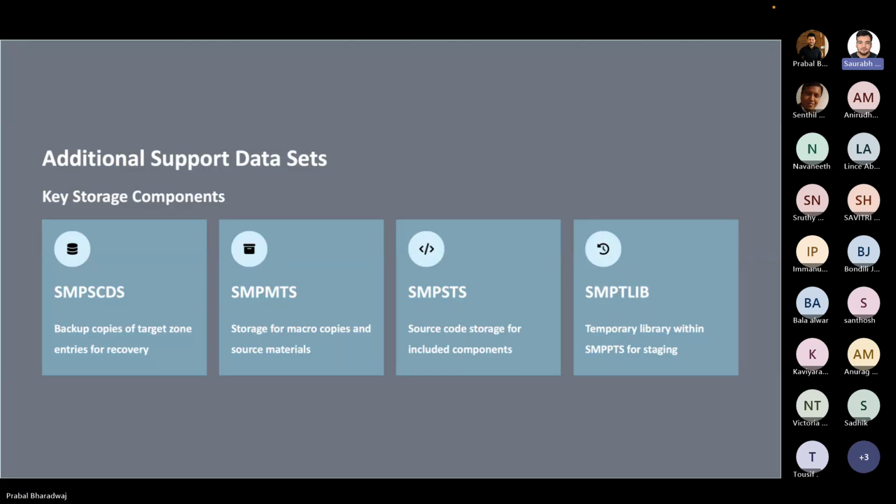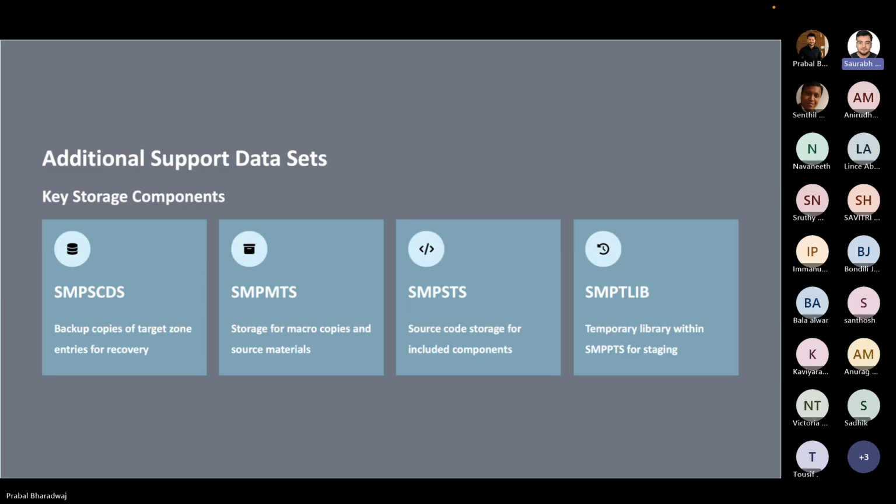SMP STS is the SMP dataset which keeps the original source code. So when a vendor ships a source level fix, SMP STS is where that source lives. SMP TLIF is a temporary work area used by SMP during apply. We don't use it, but whenever you run the apply or accept, SMP uses these datasets.